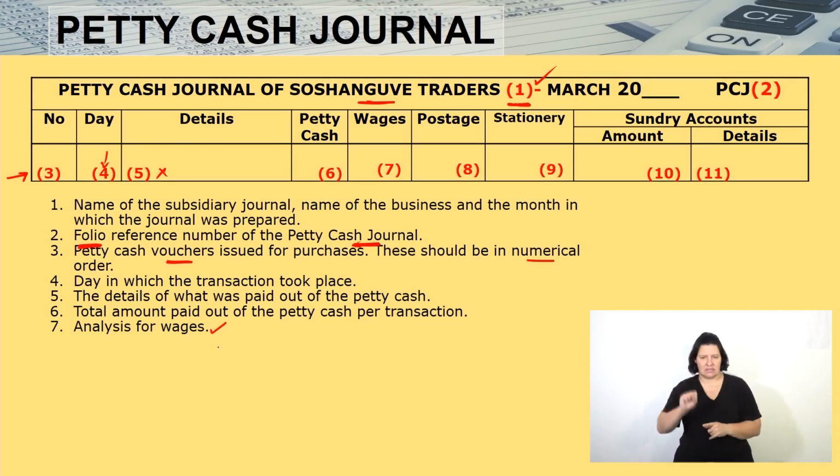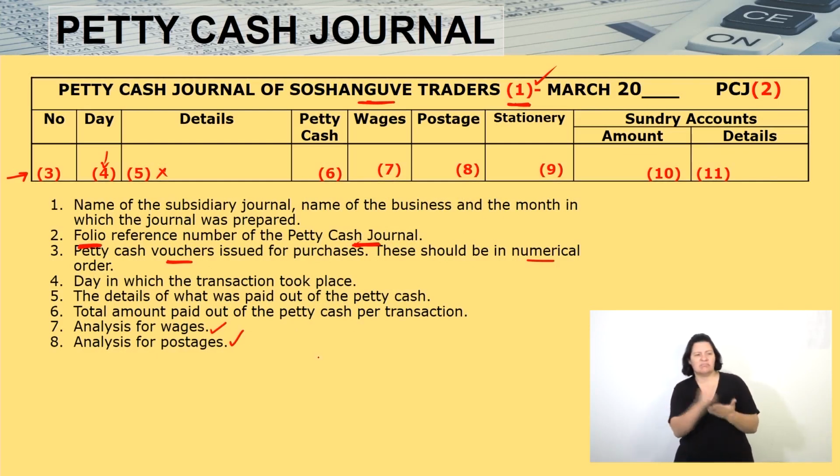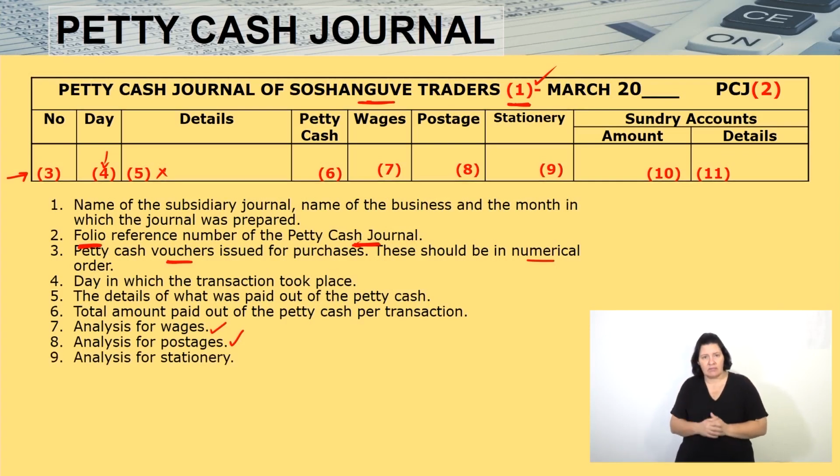That is when we pay for wages out of the petty cash journal. And then on number eight, this is analysis for postages. If we have bought postage stamps or paid for any postage, we would enter it in the postage column. And then the next one is analysis for stationery.